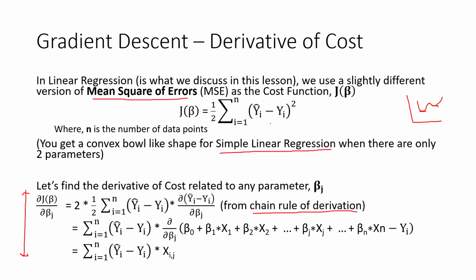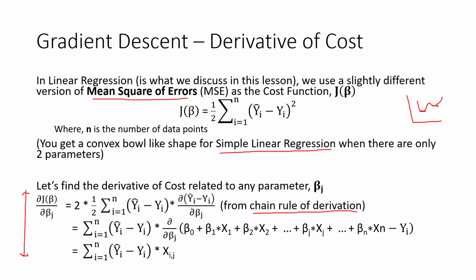If you don't understand, just forget it. We take 2 times half of this value, reducing the power from 2 to 1, and then we take the derivative of this term. Here y i hat can be replaced by its value, which we have already learned: the predicted label, which is equal to beta 0 plus beta 1 x1 plus beta 2 x2, and so on, with some beta j xj as well, up to beta n xn.